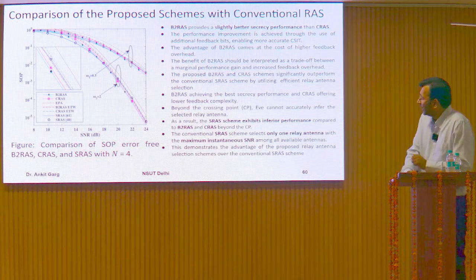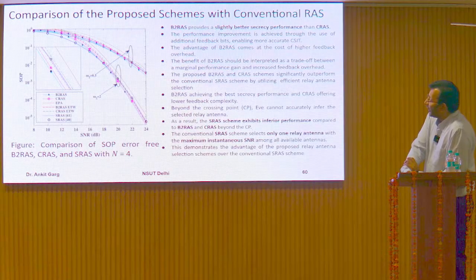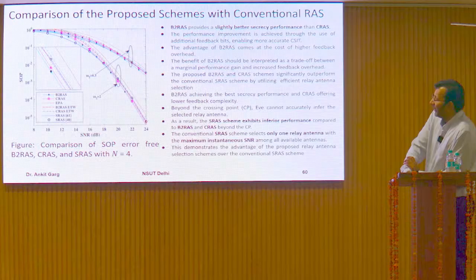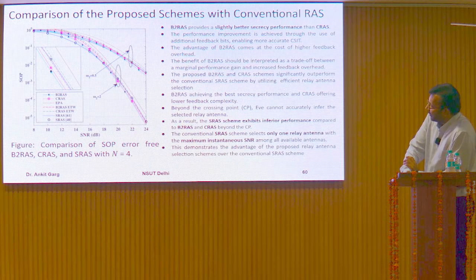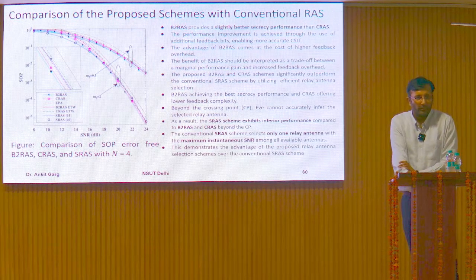Yeah. So at the start, where we have lower SNR values, single relay antenna selection SRS works best, right? As the SNR increases, we have a cross point and B2RS outperforms SRS, right?